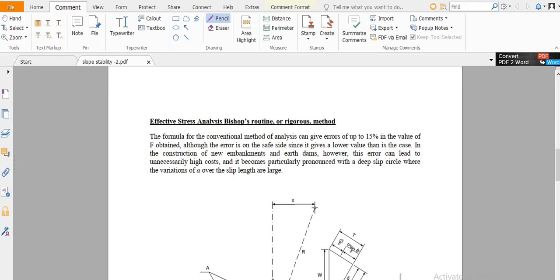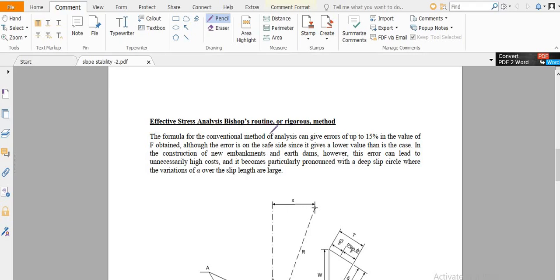Now the reason we use this rigorous method is due to the errors that can occur when we conduct a conventional analysis. The term routine means it is an iterative method.